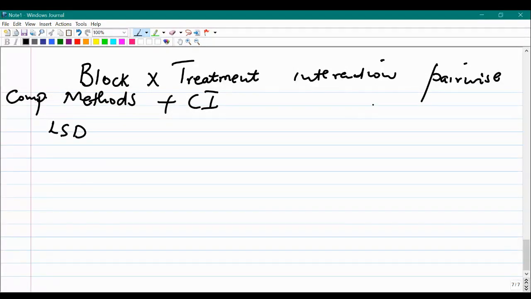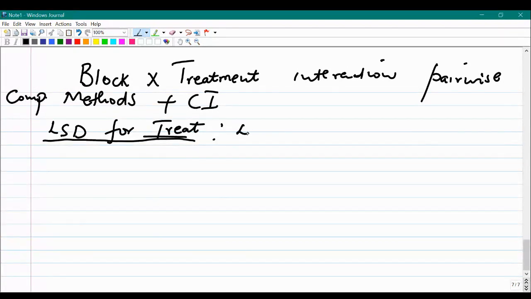remember, for the interaction, we are going to have 2 formulas here. So we'll have the LSD for treatment. It means, remember, if we're talking about the LSD of the treatment, you will use the treatment means, isn't it?